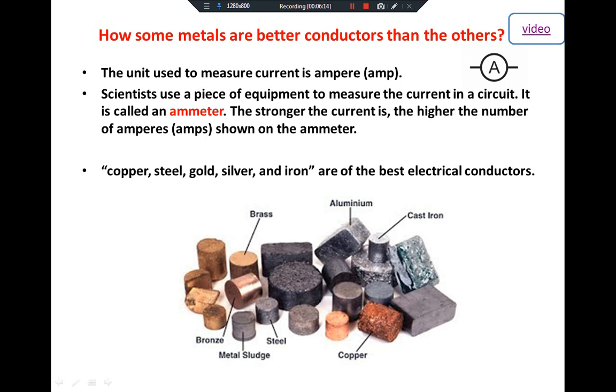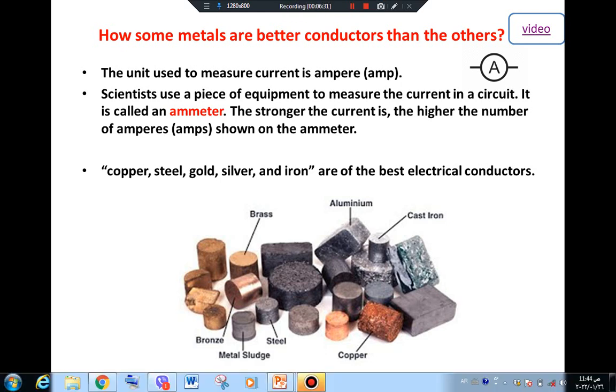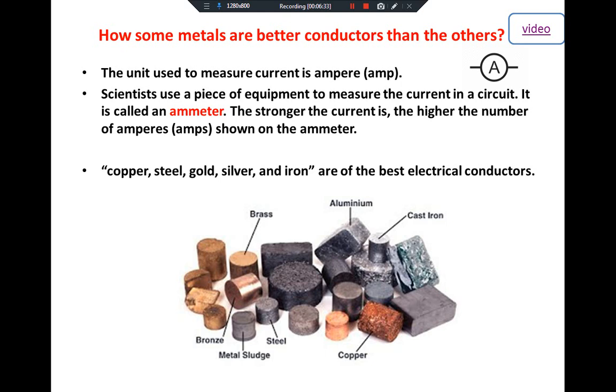If it's brighter, the conductor is letting the electrical current pass more strongly and is better to be used in that process. If the brightness is less, then that type of metal is less conductive, which means it does not let electrical current pass through it very easily.